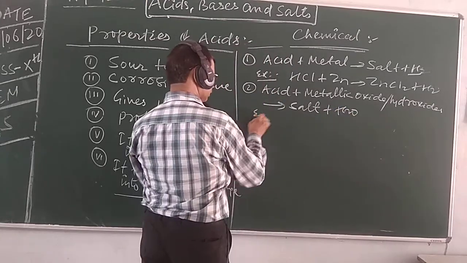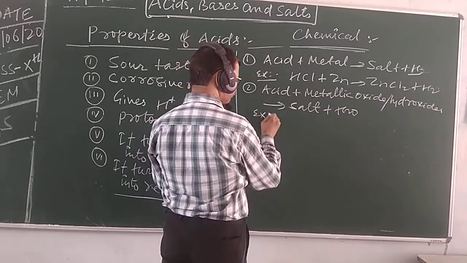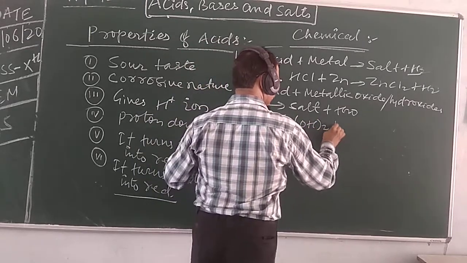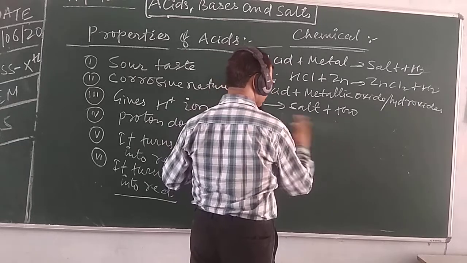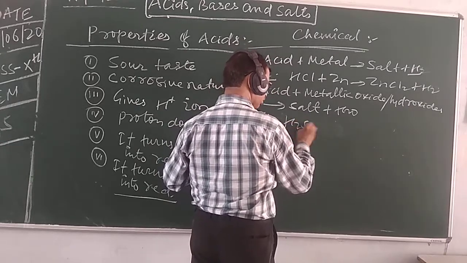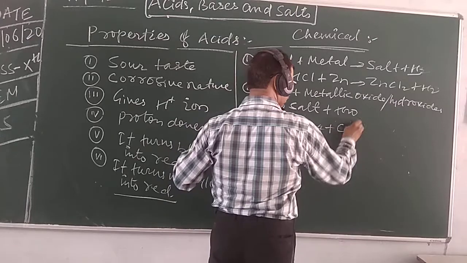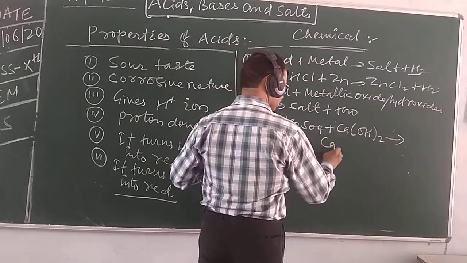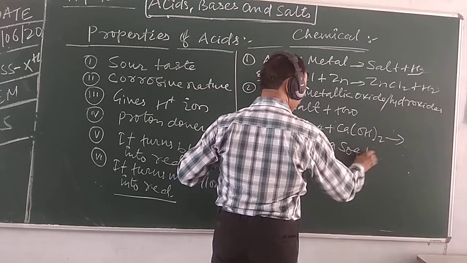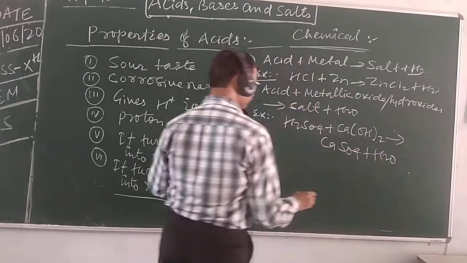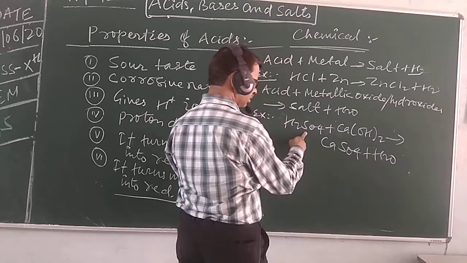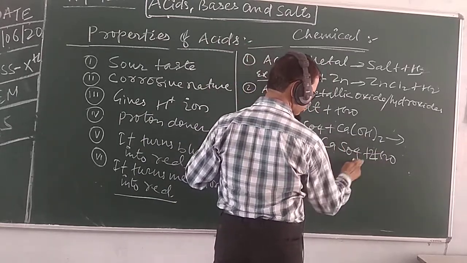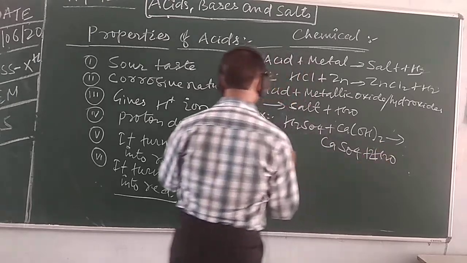Some example for this: first of all, we just write acid, H2SO4 plus calcium hydroxide is equal to what salt is formed? Calcium sulfate plus water. You can see here how many hydrogens here? 2. Then we just write 2. 4 oxygen and 2, 6. So 4 oxygen here and 2 oxygen here, 6.